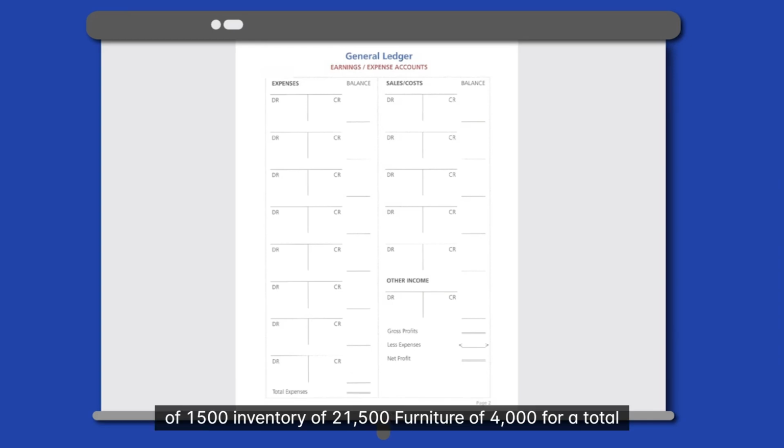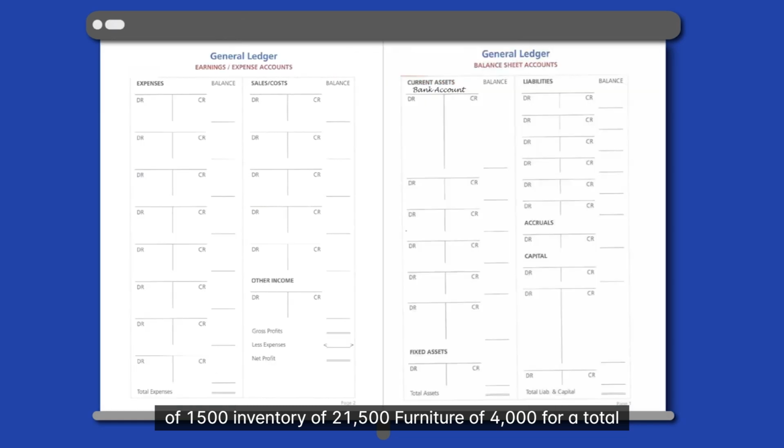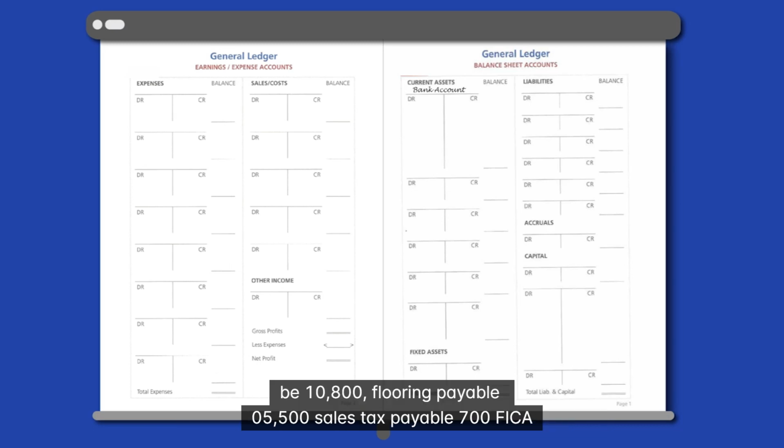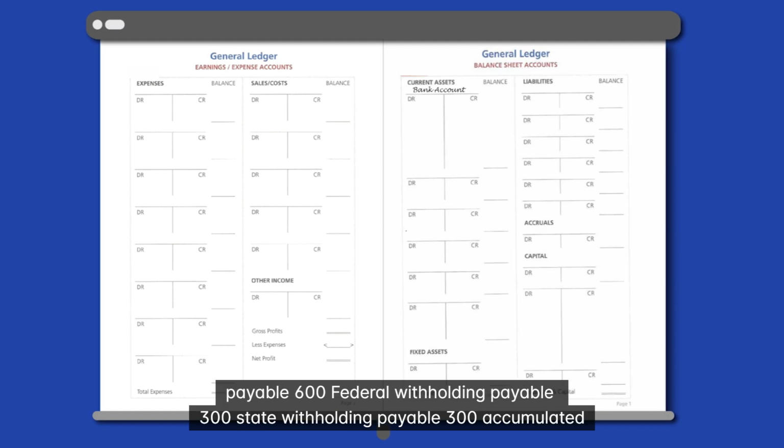First account in the balance sheet is going to be the bank account. Got to have a bank account. This business is going to sell to customers on account, so we're going to need an accounts receivable.